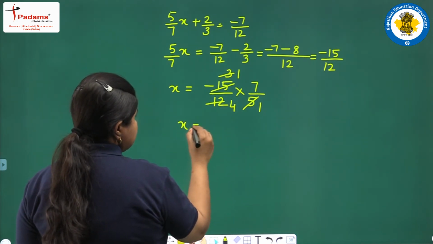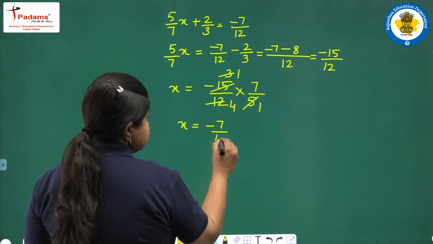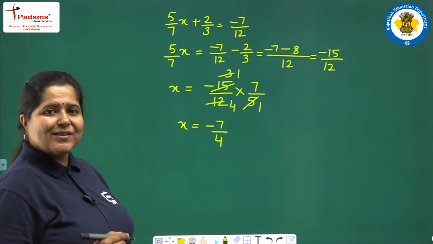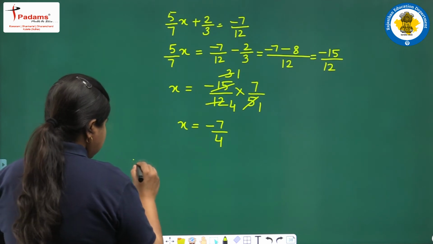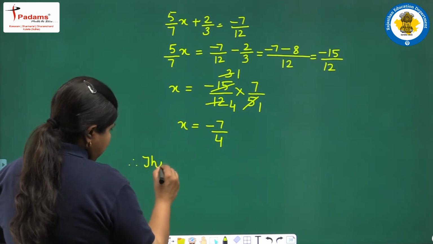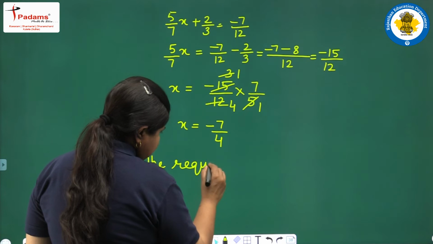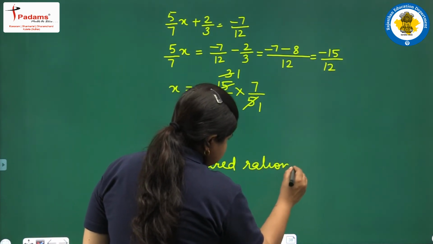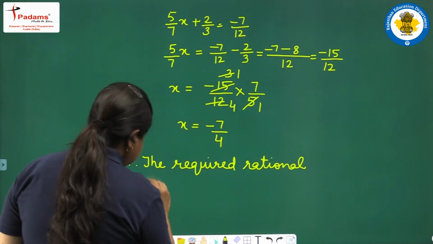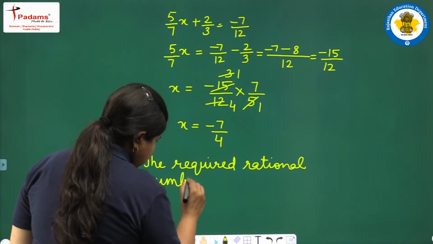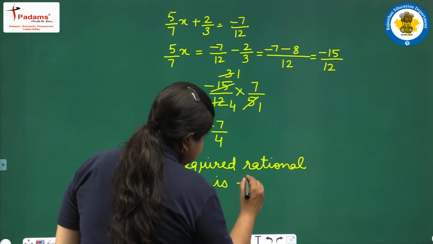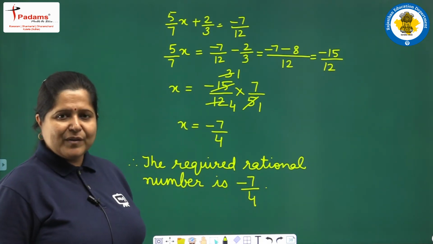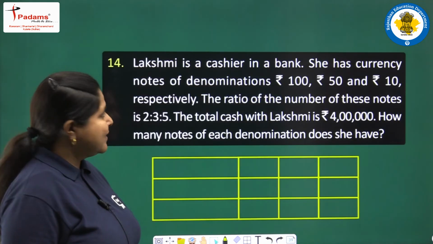So we are left with x equal to minus 7 by 4, and this is the required rational number. So we can say the required rational number is minus 7 upon 4. Is it okay? We move on to the next question.